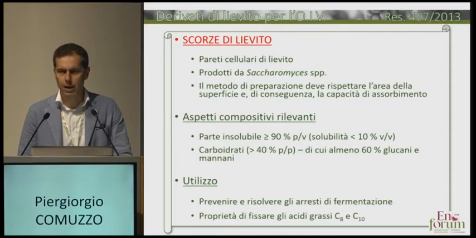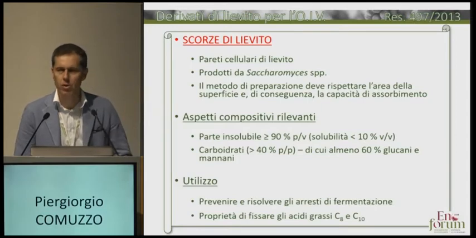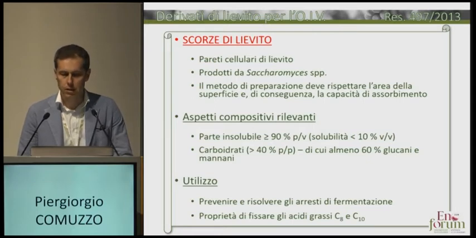As such, hulls are compounds and they have a high level of insolubility. Insolubility in water must be less than 10%, and the polysaccharide fraction must be preserved. So they need to have a certain amount of carbohydrates, and 60% of them should be glucans and mannans. So autolysis should be really reduced.